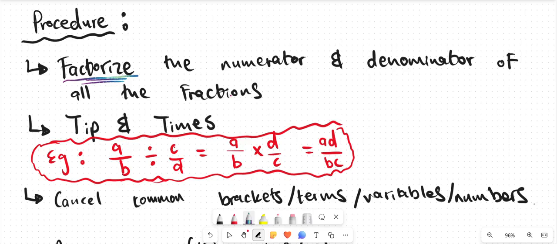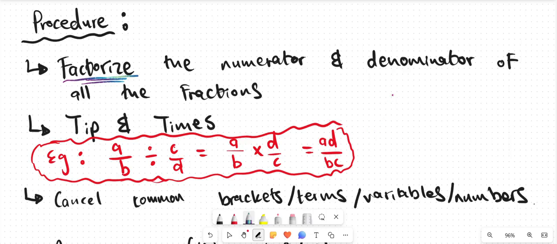Make sure you know every single type of factorization and that you're very good at it. Then step number 2 is you might need to tip and times if you see divisions happening between fractions. And I even showed you what tip and times looks like. And then the last thing is you need to cancel your common brackets, terms, variables, or numbers.